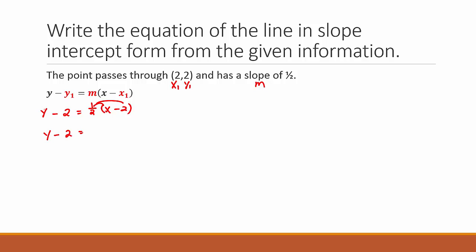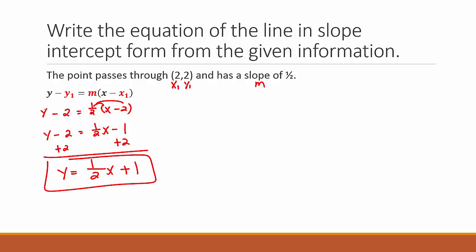So 1/2 times x is 1/2 x, 1/2 times -2, 1/2 of 2, this will be 2 over 2, which simplifies to be 1. Final step, you want to get y by itself. So if we have y minus 2, we should add 2 to each side of the equation. And we end up with y equals 1/2 x plus 1.